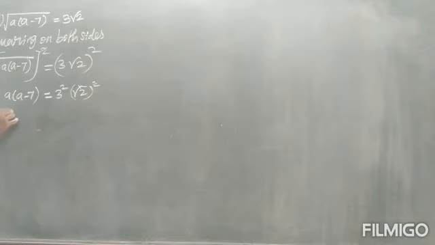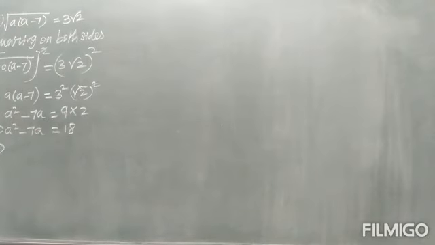This implies a into a is a square, 3 square is 9, and what remains is the 2. So a square minus 7a is equal to 9 into 2, which is 18.